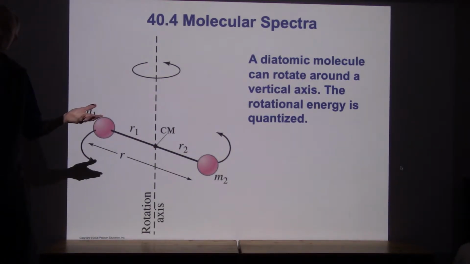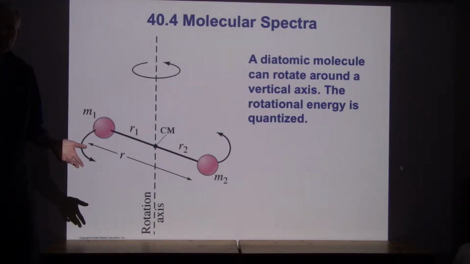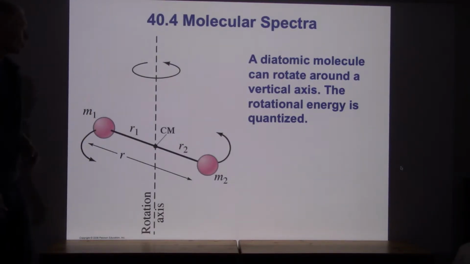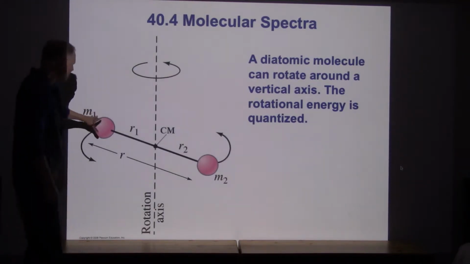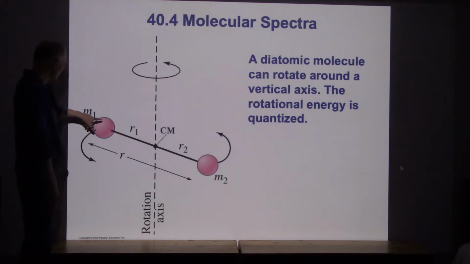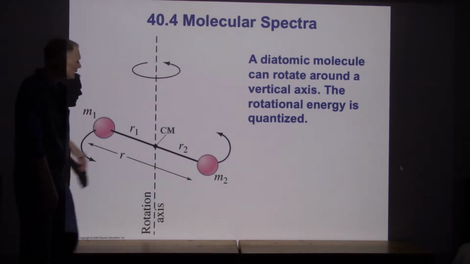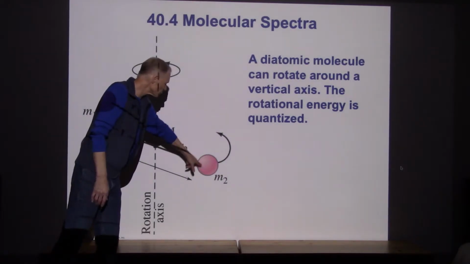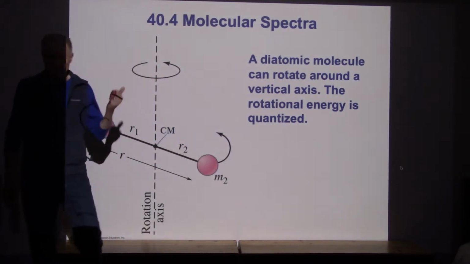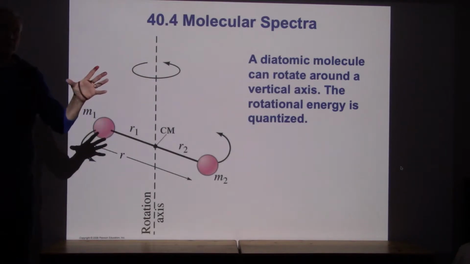So in order to determine the kinetic energies of rotation for a molecule, we really just have to look at the nuclei. So we've got this diagram set up. Here is nucleus number 1, which we're assigning a mass of m1, and here is nucleus number 2, which we're assigning a mass of m2. Now what's not shown here are all the surrounding electrons.